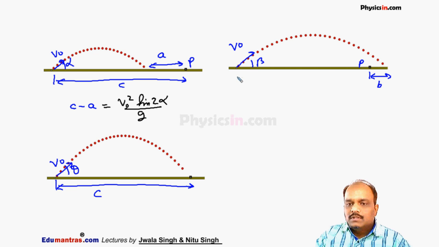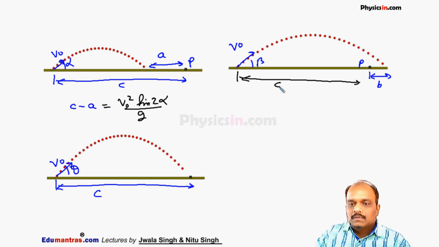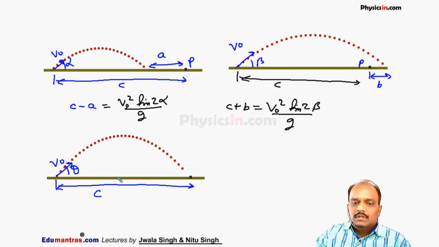Here the range is C plus B, which is equal to v0 square sin 2 beta divided by g. Here the range is C and this is equal to v0 square sin 2 theta by g. This is our first expression, second expression, and this is our third expression.